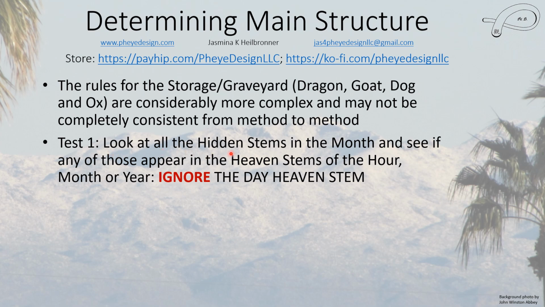So you look at the hidden stems in the month, and you can have up to 3. You may only have 1, but you can have up to 3, and see if any one of those elements appears in the heaven stem of the hour, month, or year. And you're supposed to ignore the day stem.